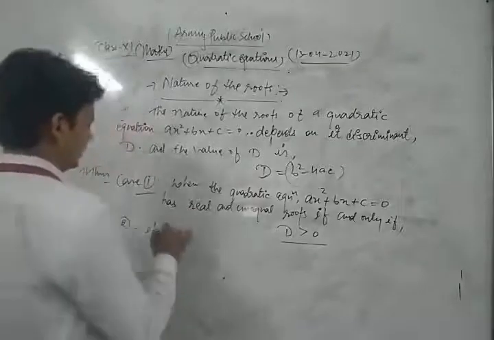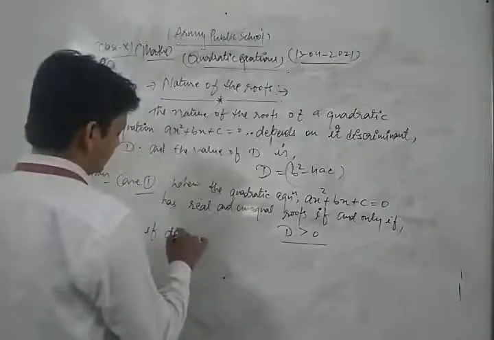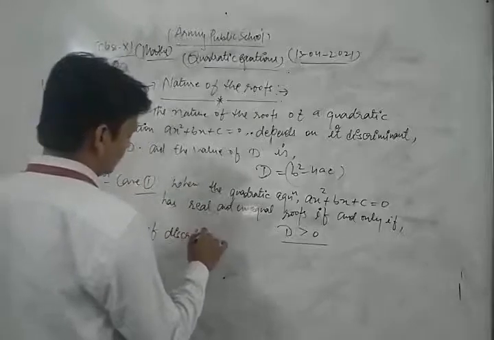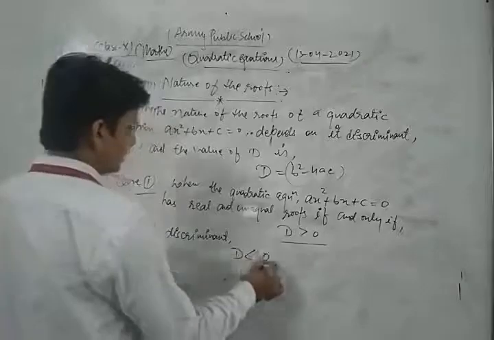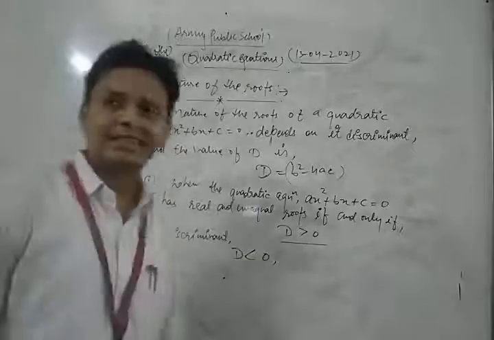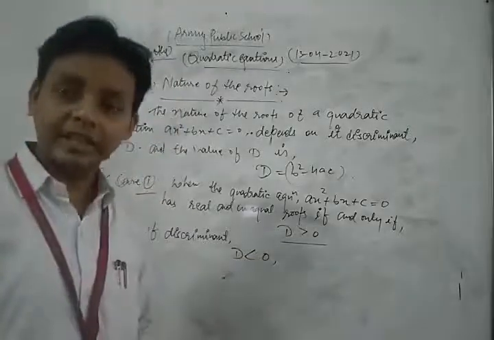If the value of discriminant D is less than 0. Less than 0 means what? Negative.